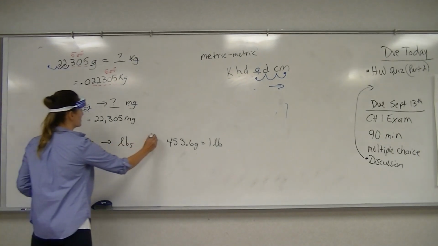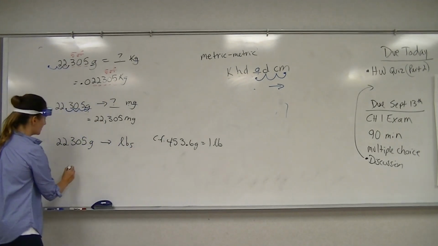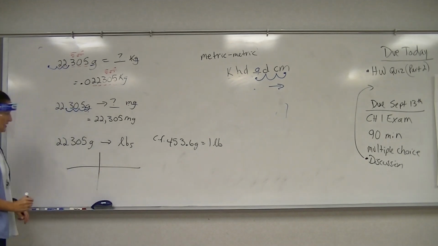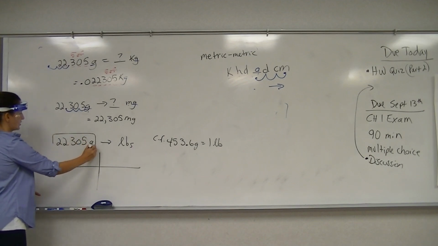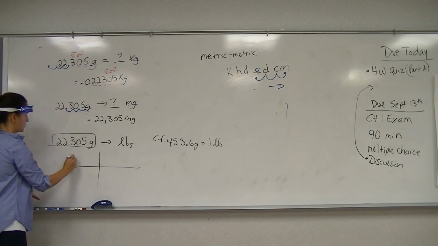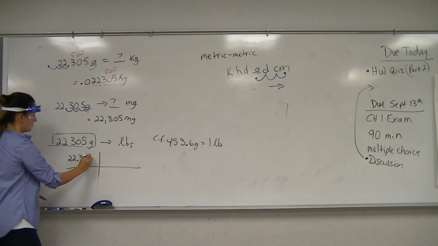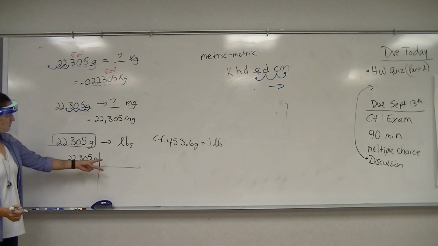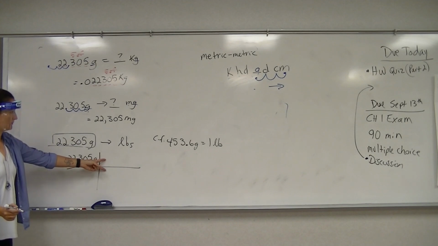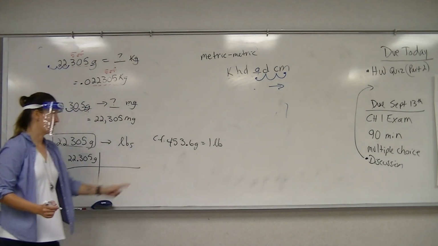So you would look in your table, you would find one that goes from grams to pounds. Then, since this is your conversion factor, you need to do the railroad tracks, that plus sign. What's going to go in this upper left-hand corner is always the number you're trying to convert. So I'm going to put my 22.305 grams here. What's going to go here in a fraction form is the conversion factor I found.